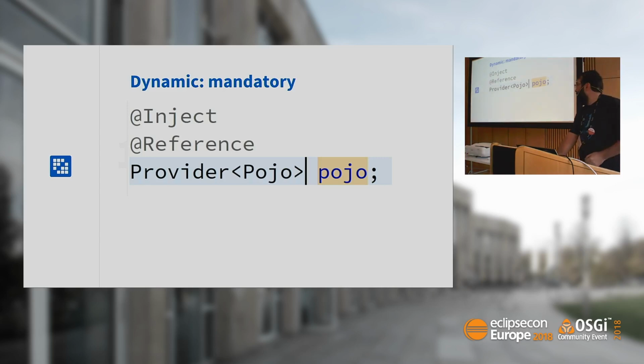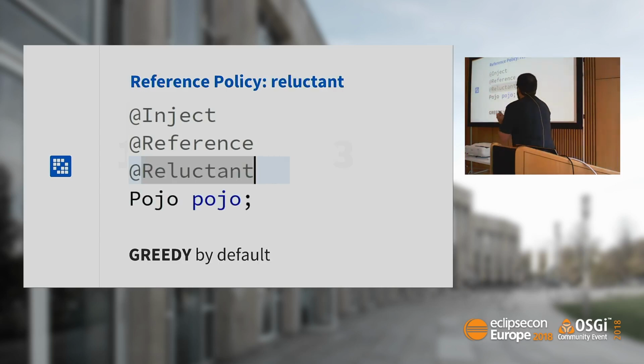Yeah, so a good point, David. So reluctant means that if a better service comes along, and the qualification for a better service is a higher service ranking and is older, right? What's the natural ordering?